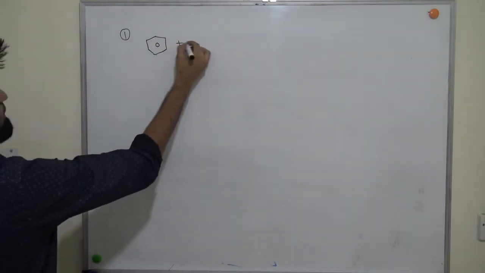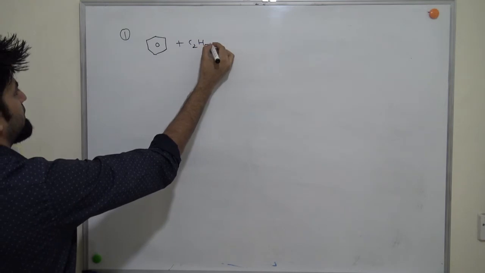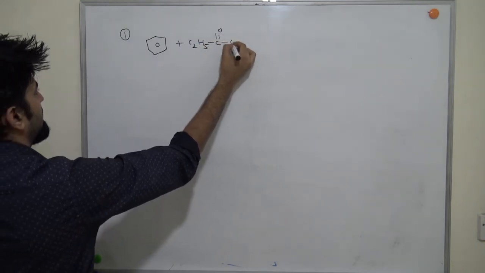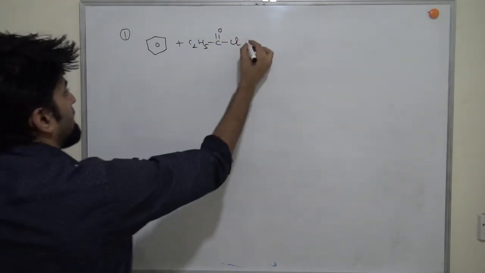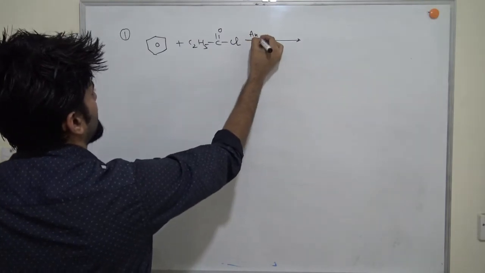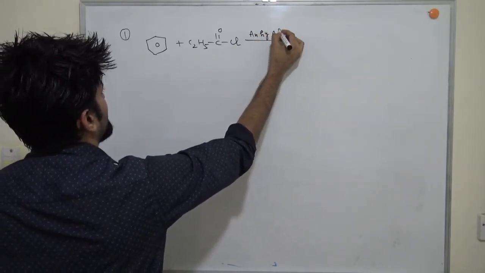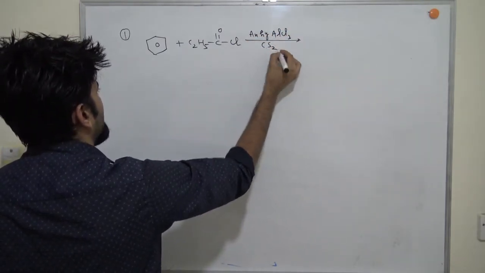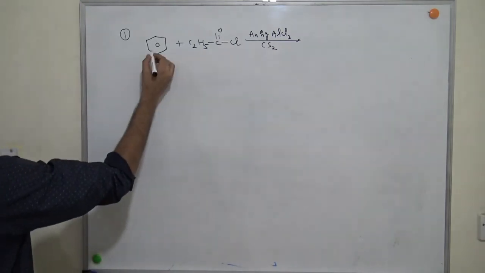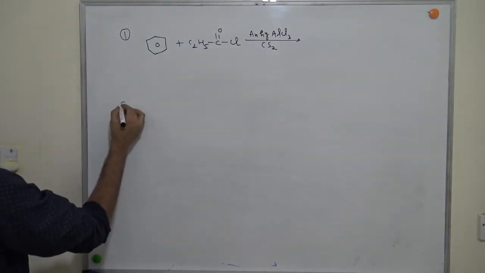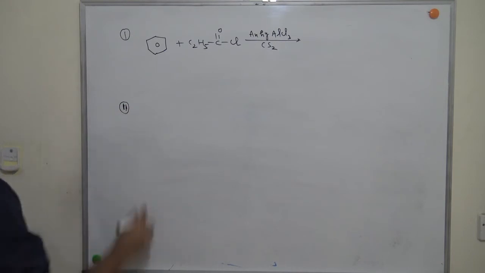Okay, so we have C2H5COCl and anhydrous AlCl3 and CS2. Okay, this is your question number 1, sorry. And what is your question number 2?